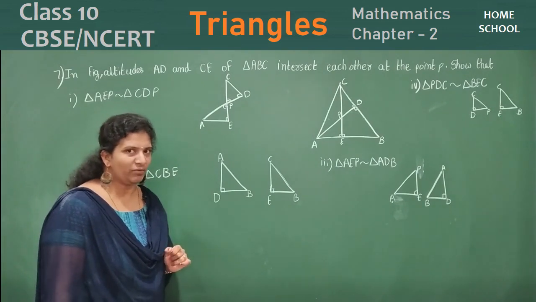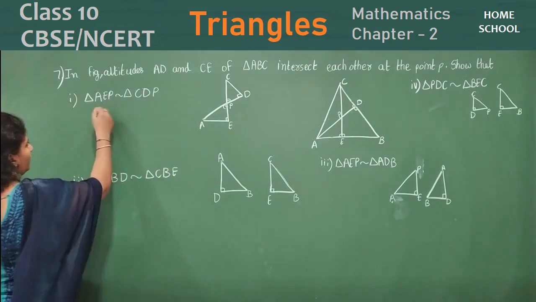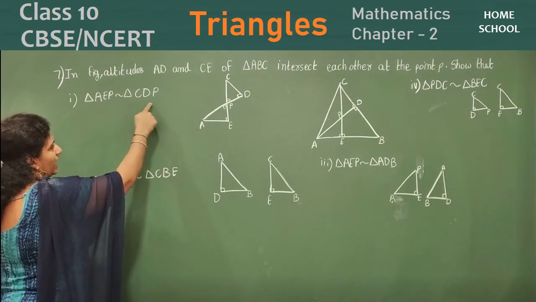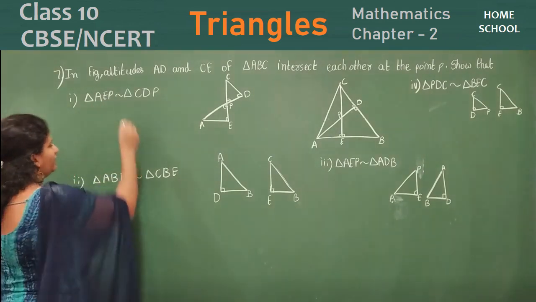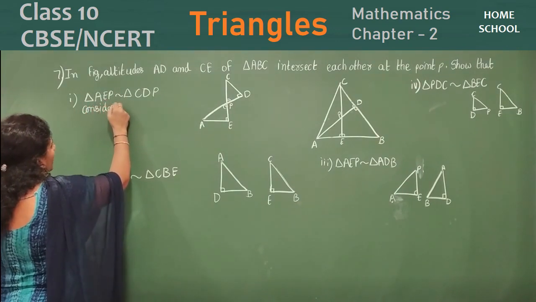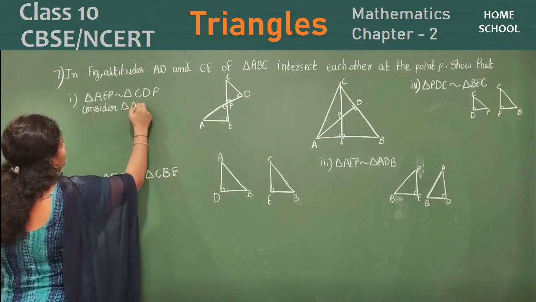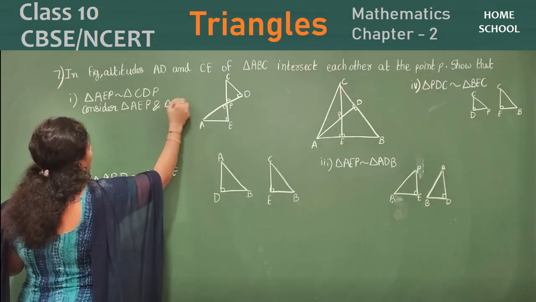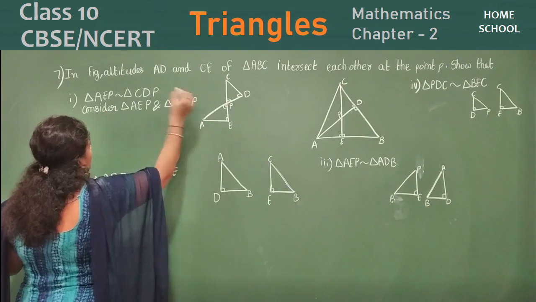So let's start proving here. Look here, observe carefully. What triangles do you need to prove? Triangle AEP similar to triangle CDP, right? First we need to take those two triangles separately. Consider triangle AEP and triangle CDP.